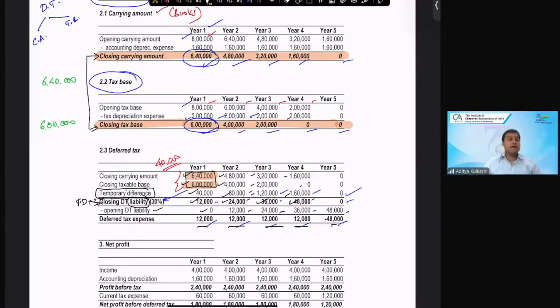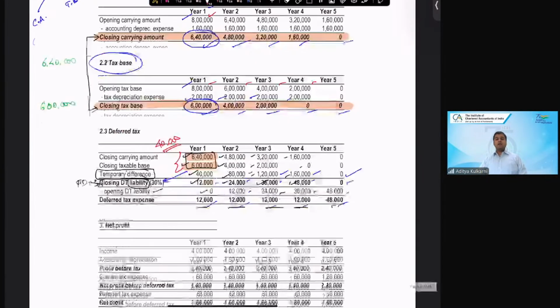After the reversal happens on this amount, I will have to make a tax payment in the future. So therefore, it becomes my deferred tax liability. Are we okay with this? All clear? Yes, sir. Okay.